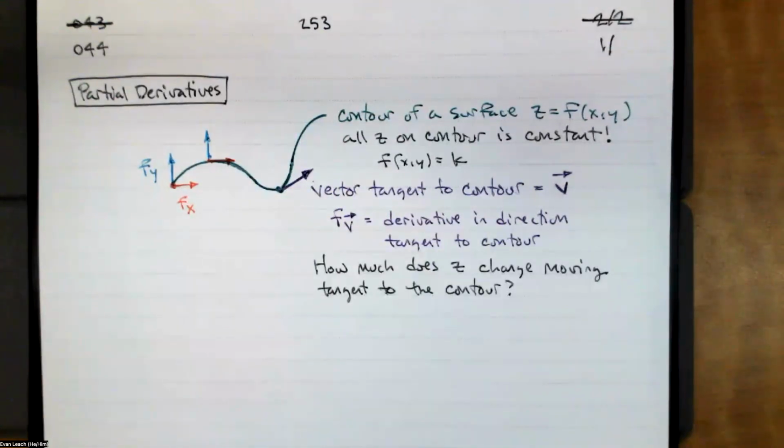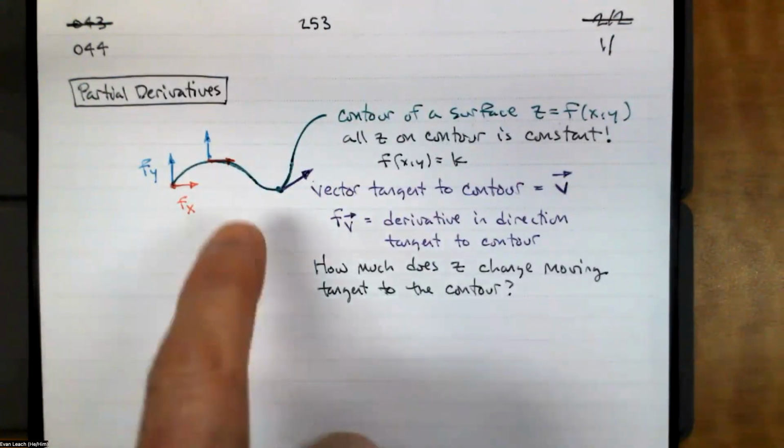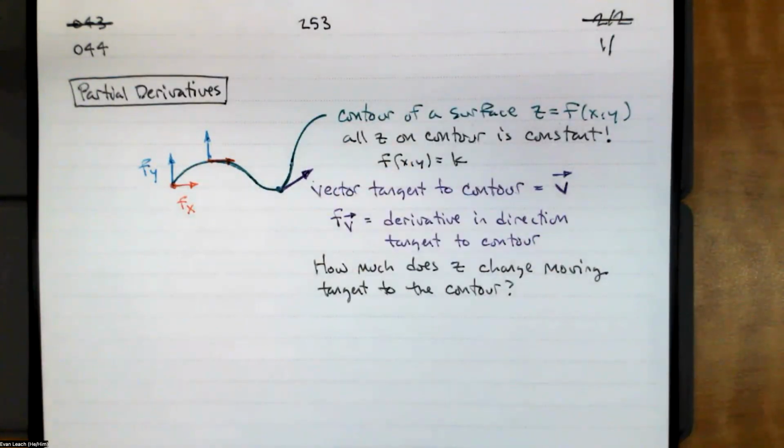So, to that end, we looked at a contour of a surface. Remember that the contour of a surface is going to be a curve at which all the values along the surface are the same. This is where z is equal to some constant value. And then the question that we asked was, we have a vector tangent to the contour.